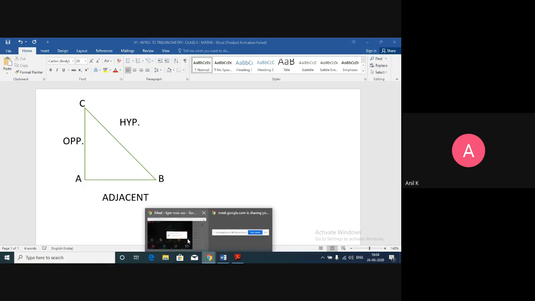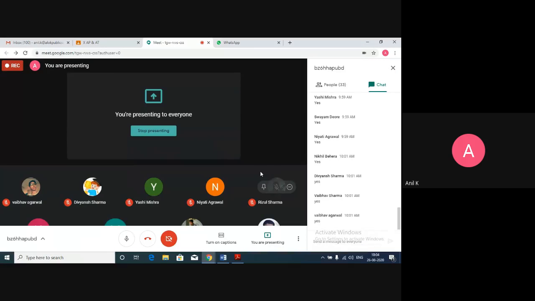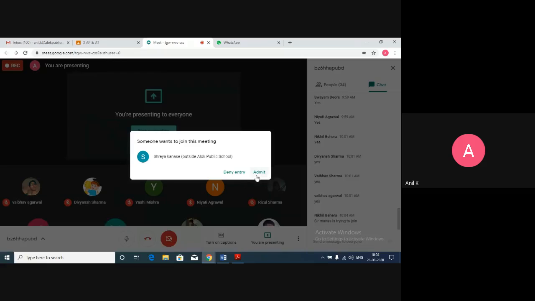So these are the two things to understand: with respect to which angle you're talking about, the adjacent and opposite sides will be interchanged. And the hypotenuse, obviously for the right angle triangle, will be unique. That will remain the same whether you talk with respect to angle B or angle C.